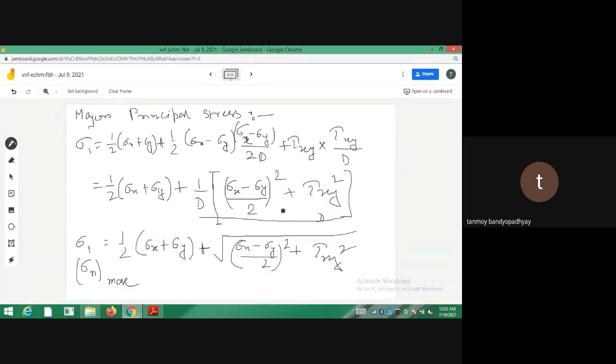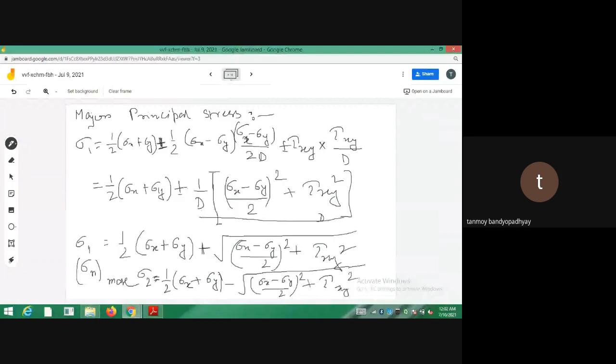Similarly, if I put the negative values, had I put plus minus, this should be plus minus, again this should be plus minus, so sigma 2 is actually just this one with the negative sign. So the plus one is the major principal stress, and sigma 2 will be equal to half of sigma x plus sigma y minus root over of sigma x minus sigma y by 2 whole square plus tau xy whole square.